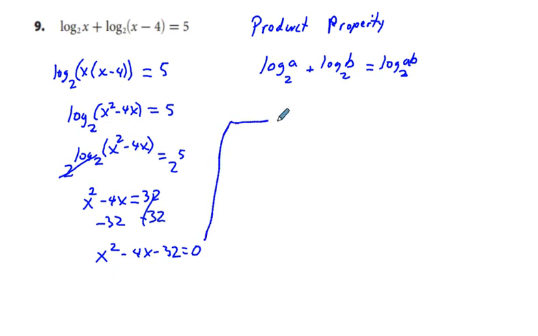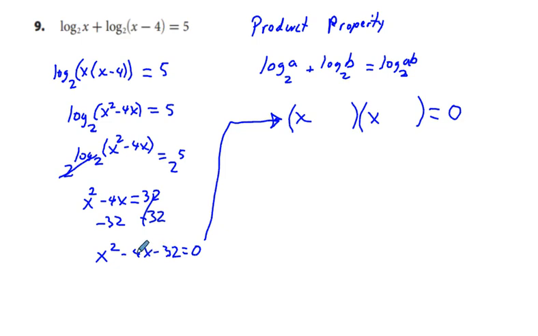Now we're going to try to see if we can solve this quadratic equation by factoring. Usually when we factor a quadratic trinomial, we will have two linear factors. So we look at x squared. What are the factors of x squared? x and x. Now we're going to look for two numbers which, when added together, equal -4, but when multiplied together equal -32.